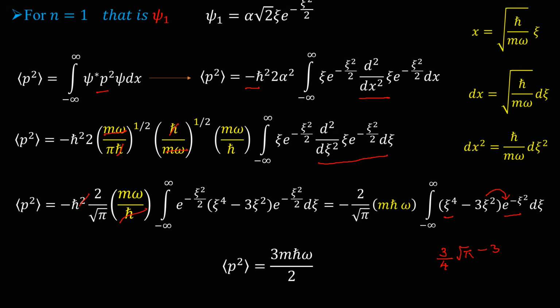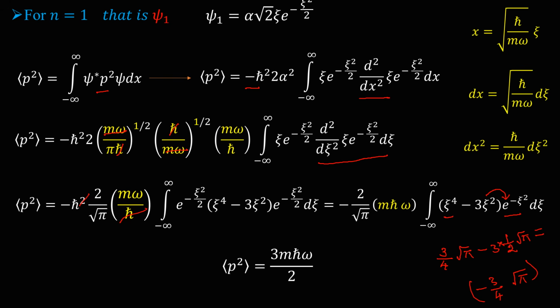If you integrate it, this is a Gaussian integral, you will get 1 over 2 square root of pi. Of course this is multiplication, not 3.5. So if you subtract this, that is 3 by 4 square root of pi minus 3 by 2 square root of pi, you will get minus 3 by 4 square root of pi.